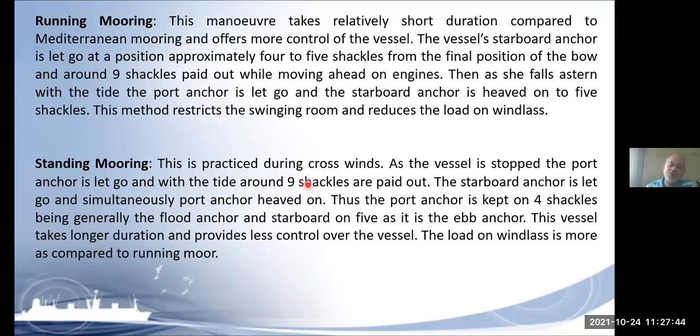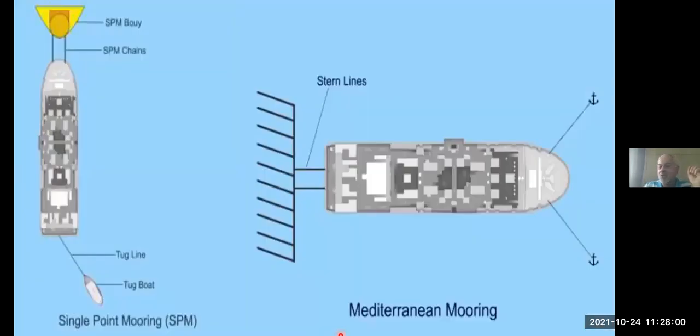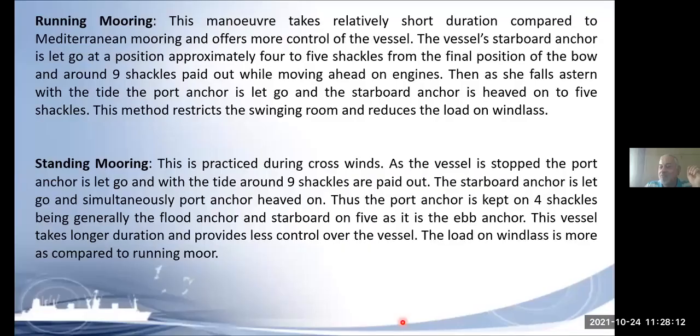Such requirements are there wherever the tides are strong or whichever constraint the port has. So here both anchors are used in a different fashion. Like Mediterranean mooring we have seen, two anchors of more or less the same length, but here one anchor will be behind and another anchor will be in the front. Such different arrangements are called running mooring or standing mooring.